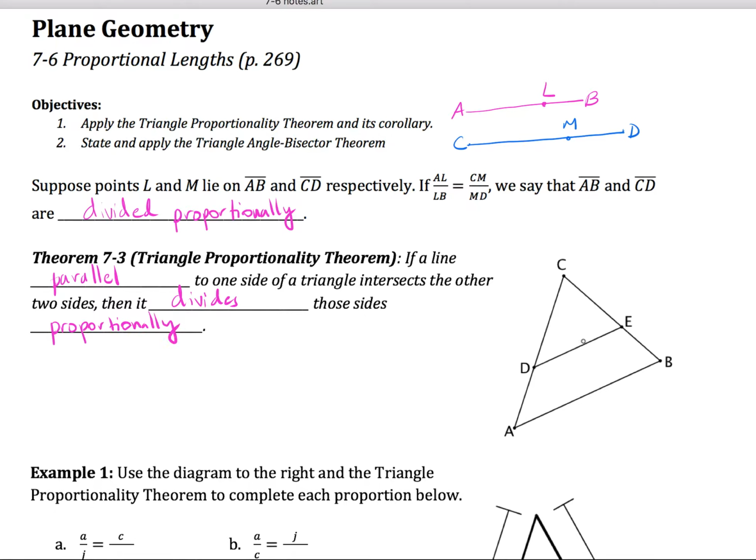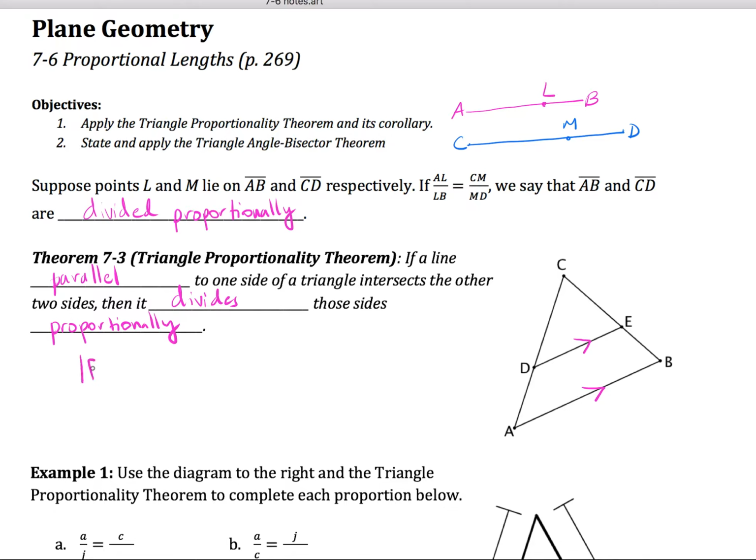So what we'd be looking at is a diagram like what we have over here, where we have a segment DE parallel to a segment AB. And segment DE is intersecting the two sides of triangle ABC that it's not parallel to. So it's parallel to the third side, intersecting the other two sides. So that's the situation that we are describing in the hypothesis of this theorem.